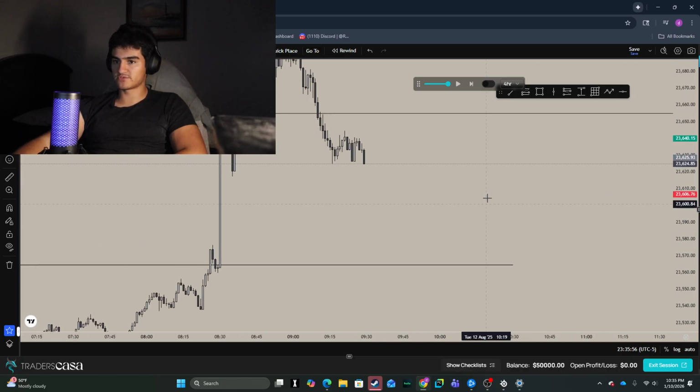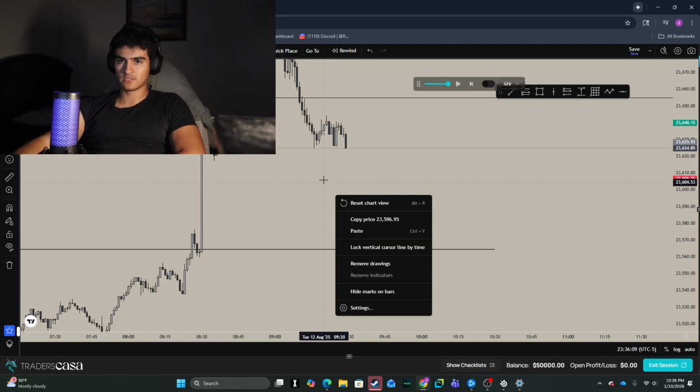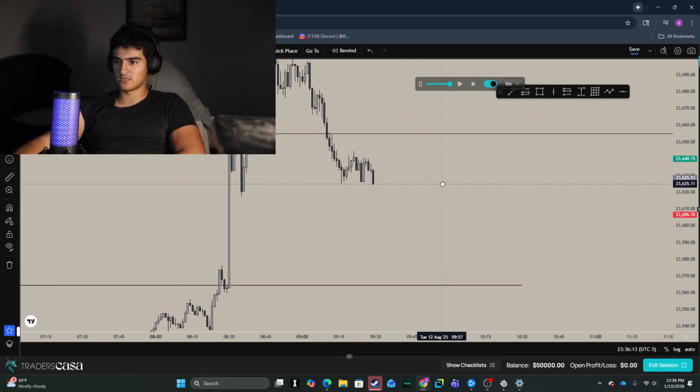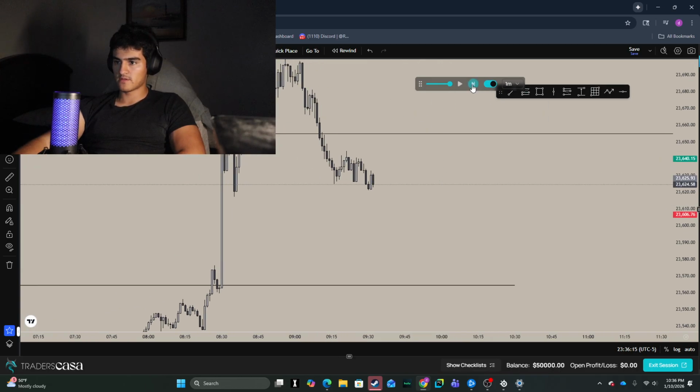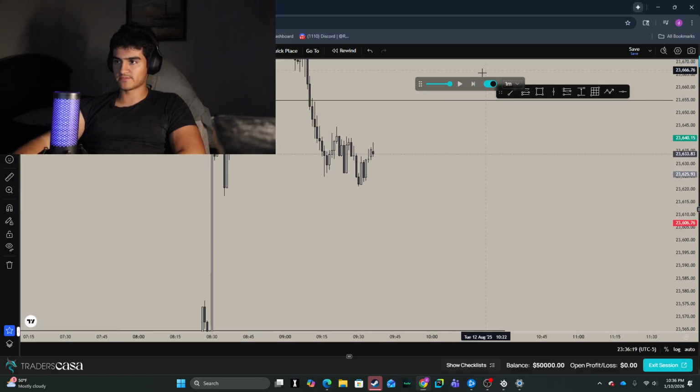I'll be bullish on this whole thing, because we could really bounce up from any part of this bullish gap here. So let's see if we can find a bullish long entry here. It's 9:36.